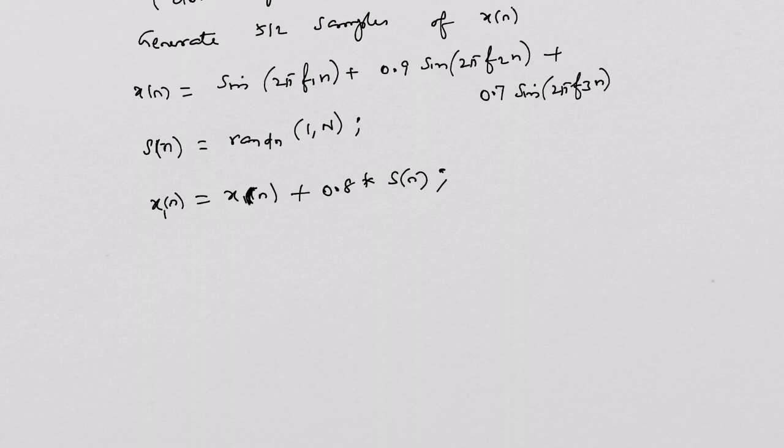Let's analyze the spectrum of this signal also, for which we need the FFT function. Let's apply this x1 as an input and compute, for example, a 1024 point FFT to generate the spectrum of the original signal.